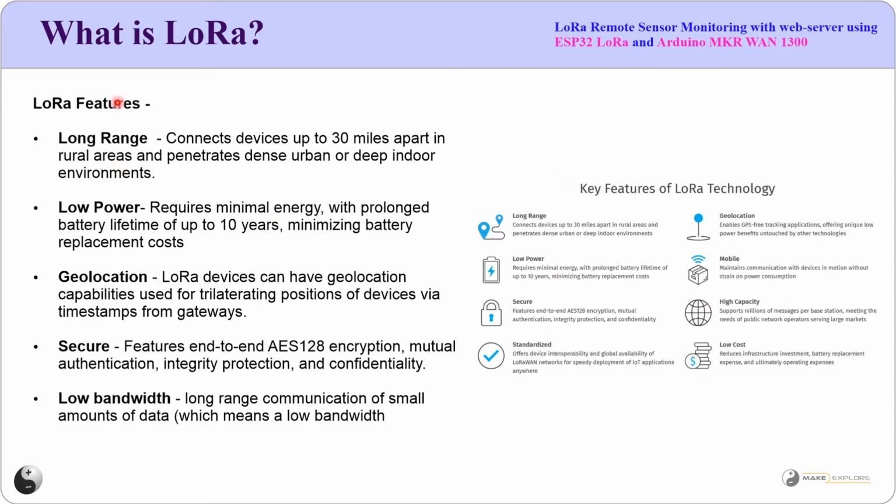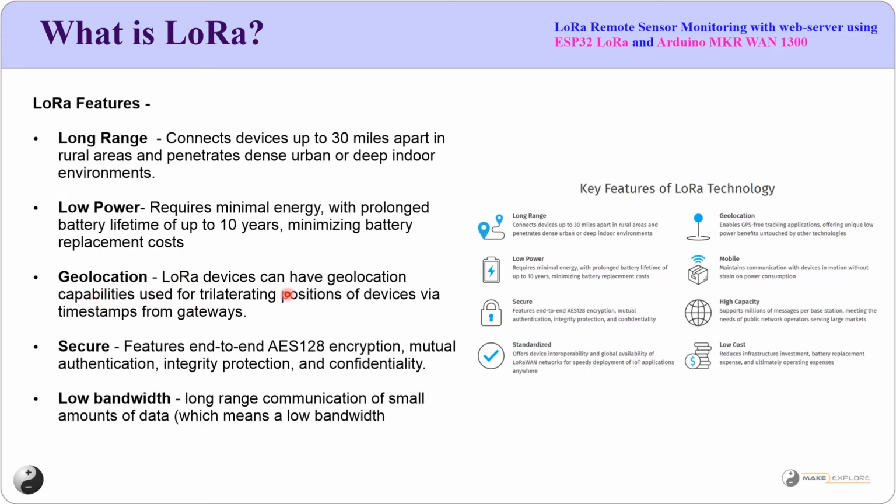So let's see the key features of LoRa technology. First is long range. It connects up to 10 miles apart in rural areas where there are no obstacles in between, and it penetrates dense urban or deep indoor environments. Low power. It requires minimal energy with a prolonged battery lifetime of 10 years, minimizing the battery replacement cost.